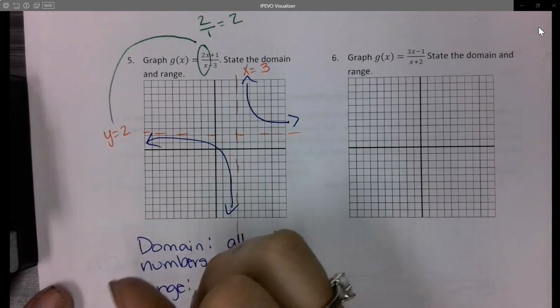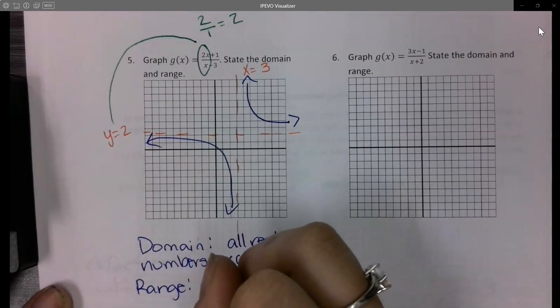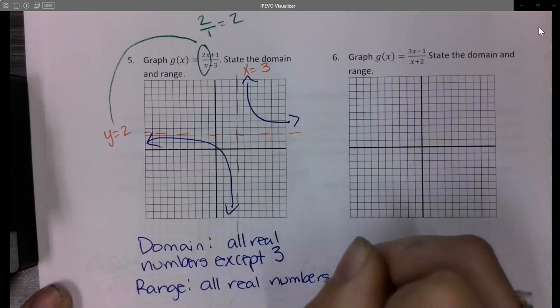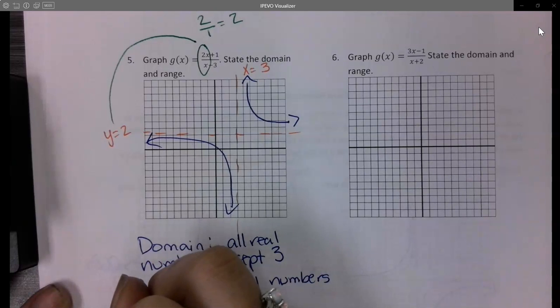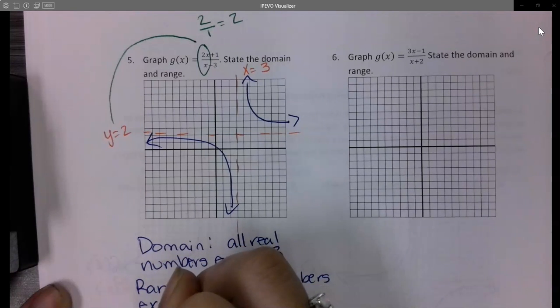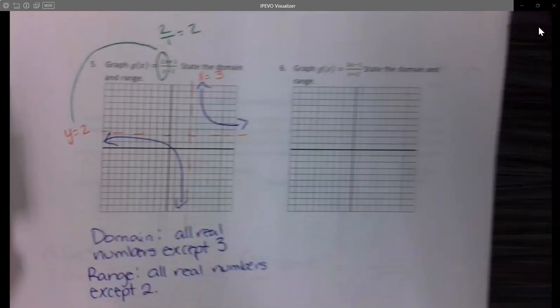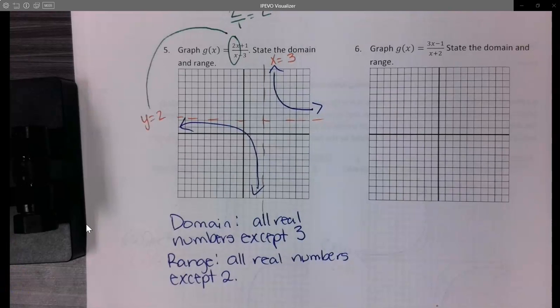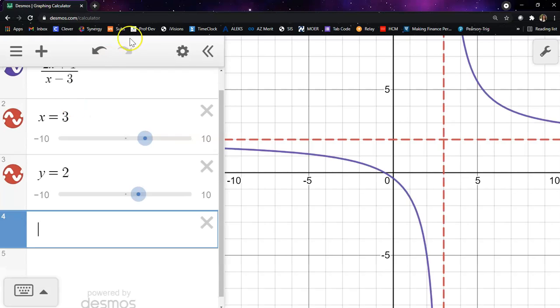All real except for 2. Because range goes with y. So. Then I want to go ahead and do number 6. So I want to go to Desmos and type this in.